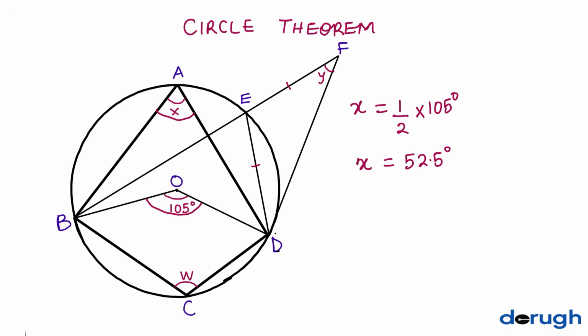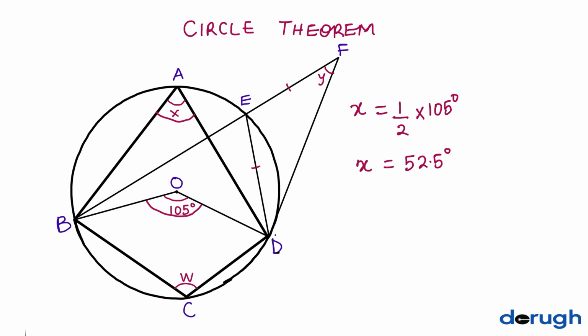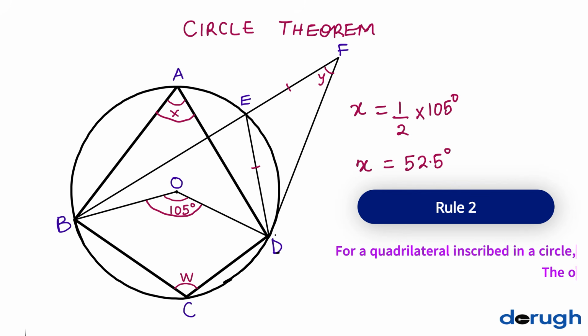The next unknown we're going to try to find is w. For w, the same rule applies, but in this case, we're going to take the other side because that's the side that's facing the same direction as w. We're not going to use that rule though, we're going to use a different rule. The rule is that for the opposite sides of a quadrilateral in a circle, they add up to 180 degrees.